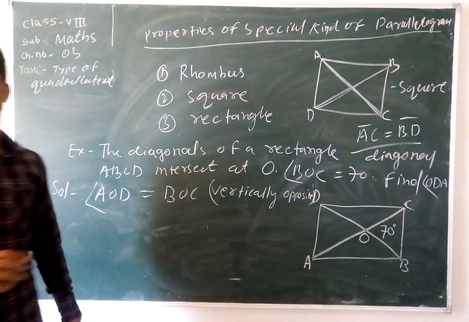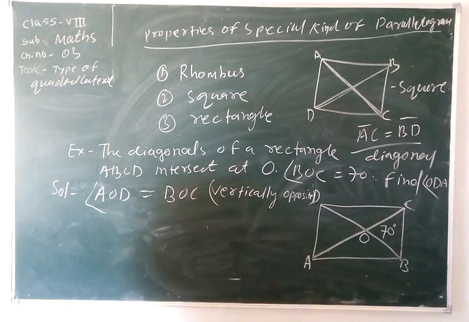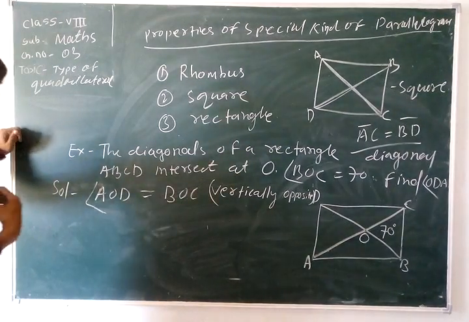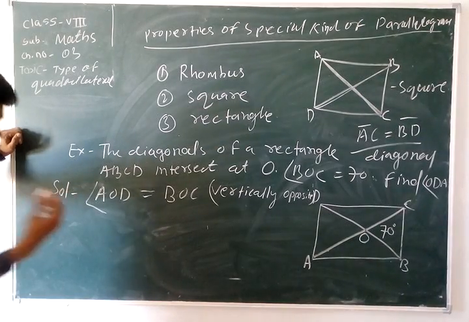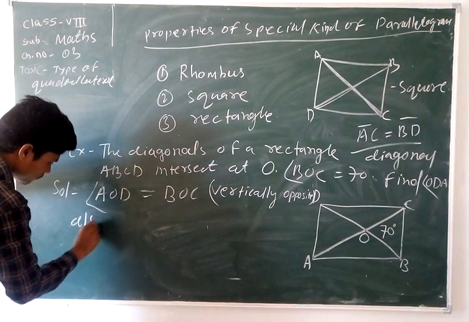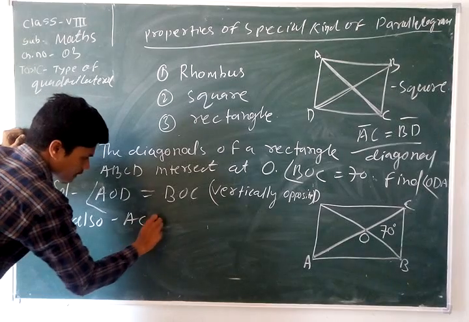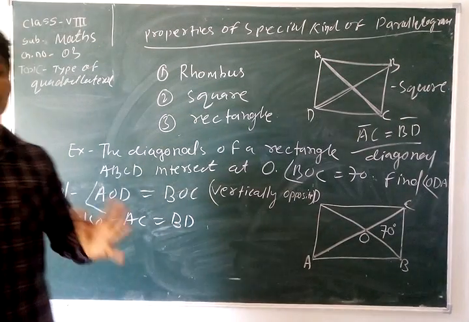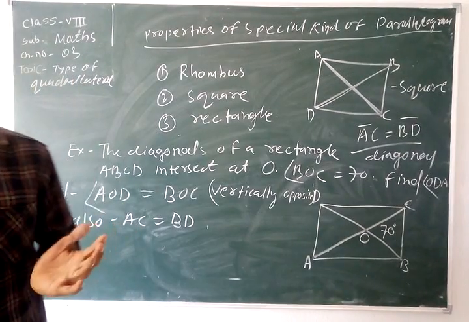Vertically opposite angles are always equal. Also here AC equal to BD. AC equal to BD. Diagonals are equal. Here also AC equal to BD. In square and rectangle, their diagonals are equal.